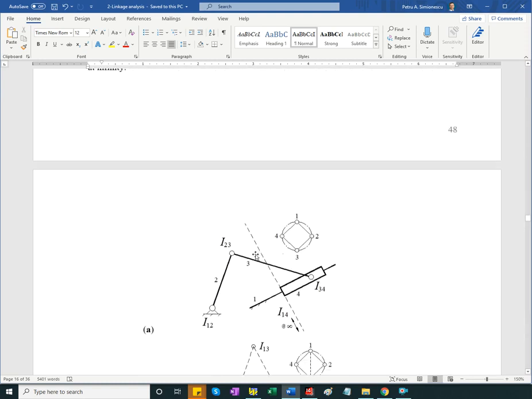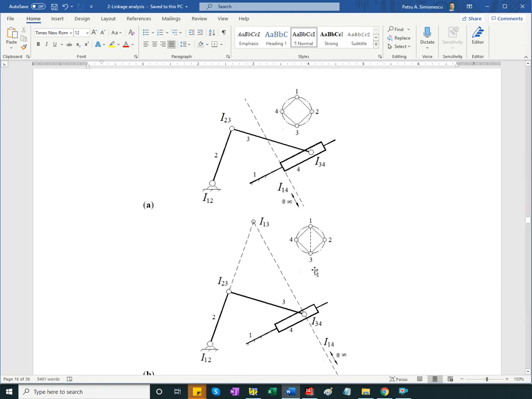The next example in the notes is that of a slider crank mechanism. And with slider cranks, it's a slightly different take for sliding pairs, that is prismatic pairs.